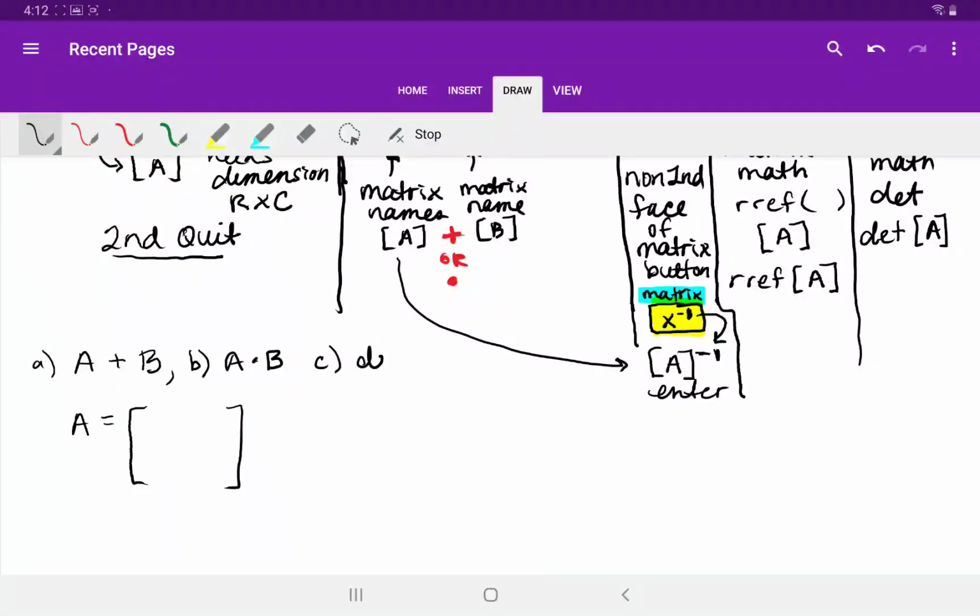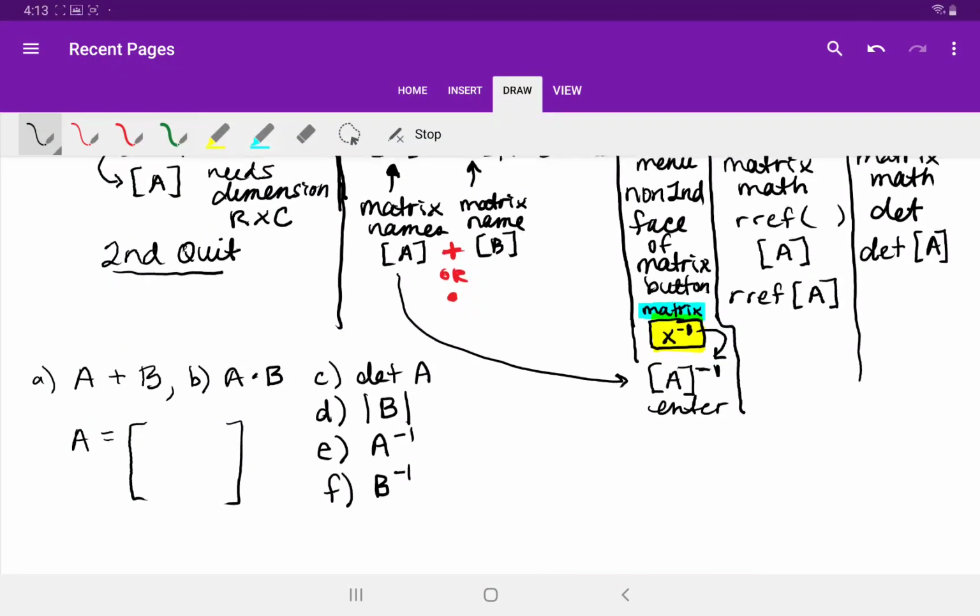C is going to be find the determinant of A. And D is going to be find the absolute value of B. Oh, and then E, let's have it find the inverse of A. And F will have it be the inverse of B. So we're going to do everything except RREF. Okay, let me take another picture of that. Oh, let me find the matrix though.